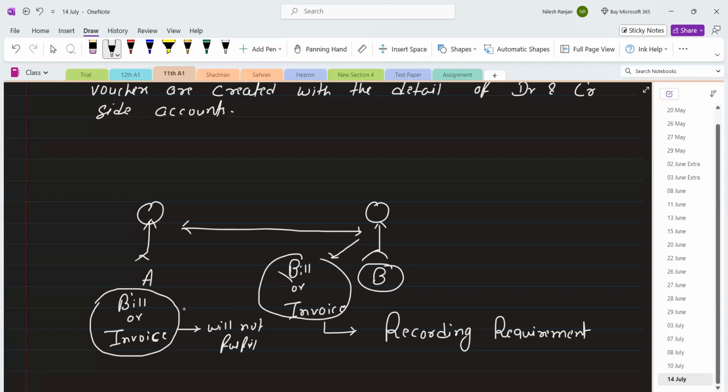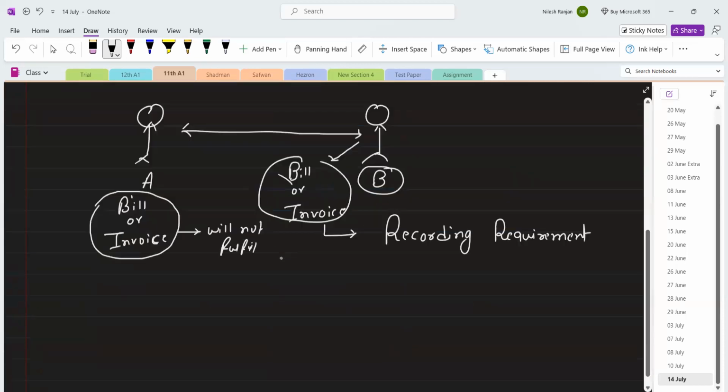But when someone else gives his bill or invoice to us, say we purchased goods from someone, the bill may or may not be as per our recording requirement. In that case, we have to create a voucher to record the transaction. On the basis of that bill, we create a voucher, and at the time of recording the transaction, we use the voucher. Understood?